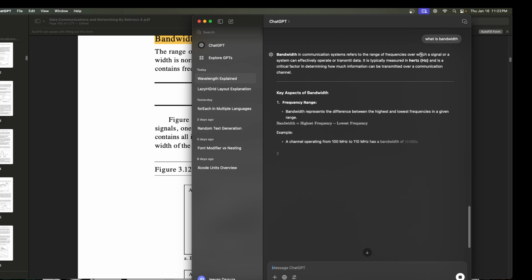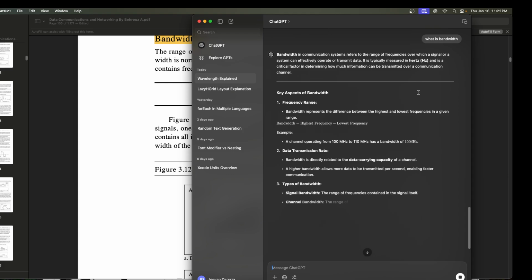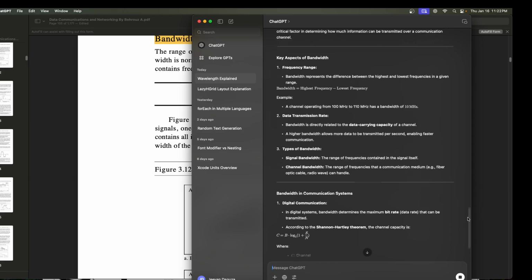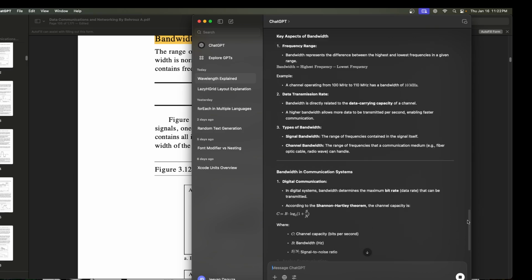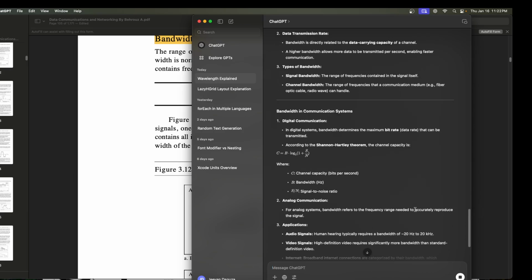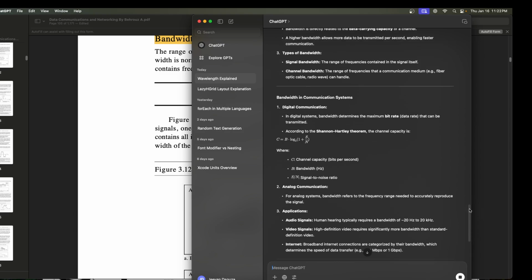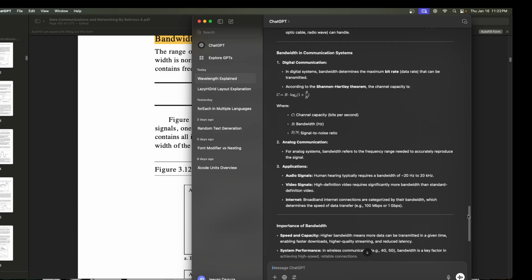Okay, so basically, remember, now we are only considering this range of bandwidth which can be transmitted.